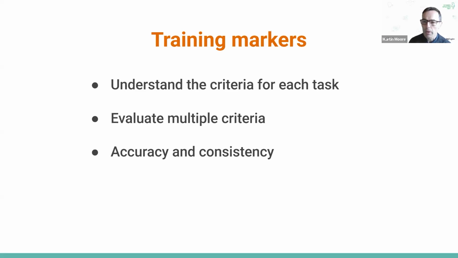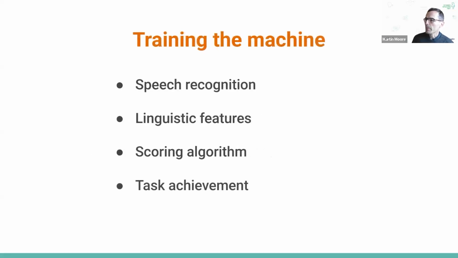It's a very skilled job, and it's a time-consuming job to train people up. So that's one thing that we have to do with human markers. So the question is, how do we do this with a machine? And I put 4 aspects onto the screen here, and I'm going to talk about each of those in turn.